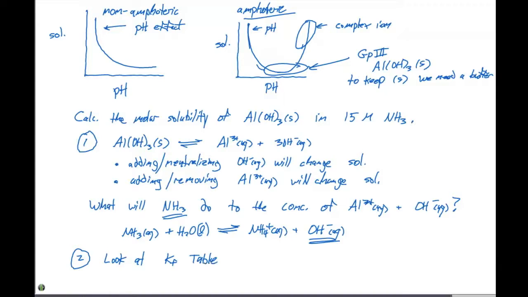The reason we look at the Kf tables is because we need to determine if a complex ion will form from the species in solution.